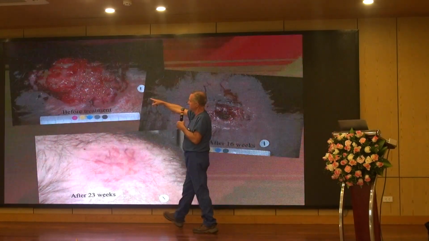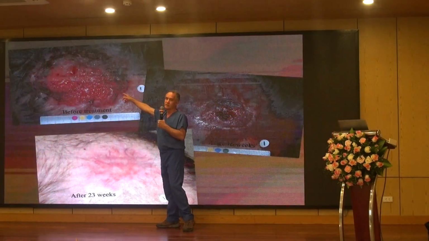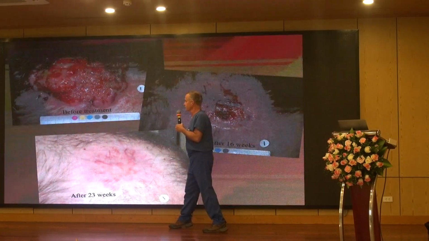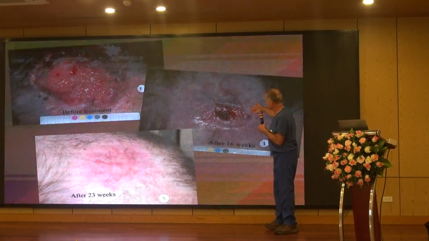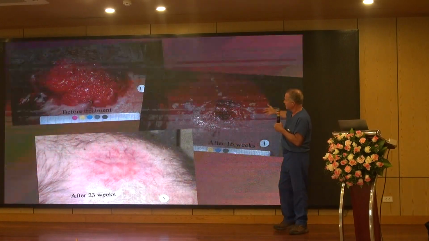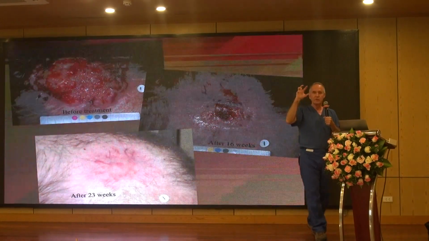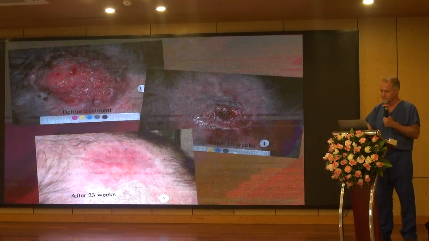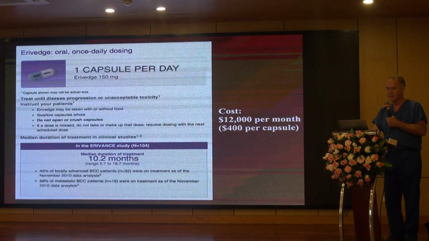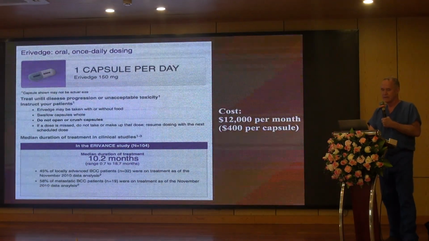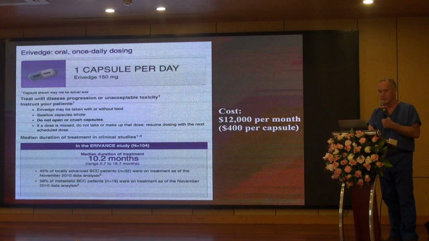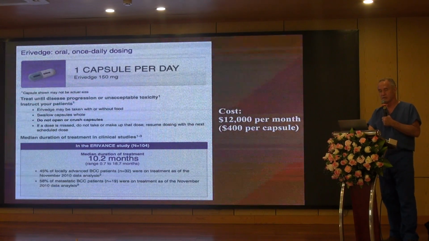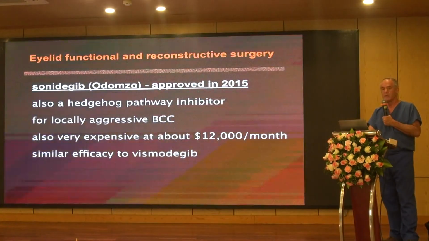Here's a patient with extensive invasive basal cell carcinoma, and then here's after about 6 months of treatment, and this is after 16 weeks of treatment, and you can see the progression of the tumor regressing from this drug being given, and it's given at intervals. And it's taken 1 capsule per day, usually somewhere between 8 and 12 months. It's extremely expensive. It's come down a little bit, but it's still very expensive.